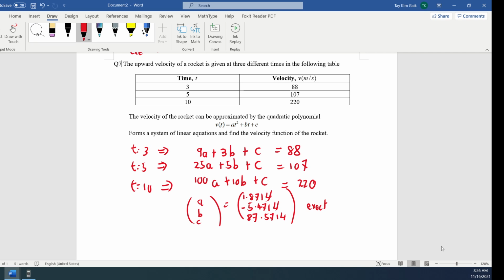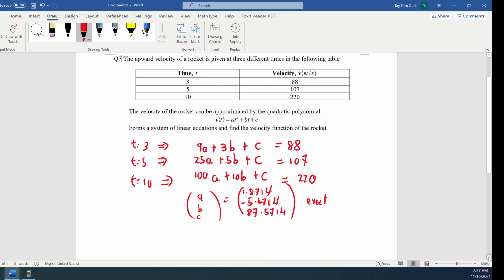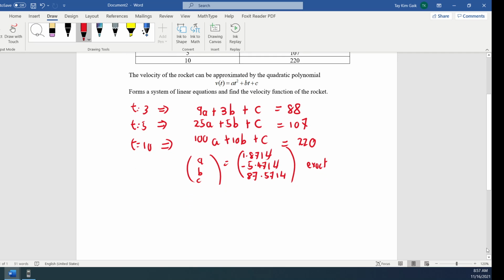For any system of linear equations, you can always solve it using Gauss elimination with pivoting. If it is only Gauss elimination, you do not need to swap any row. But if you want to solve using Gauss elimination with pivoting, you have to make sure the magnitude of a11 is the maximum.